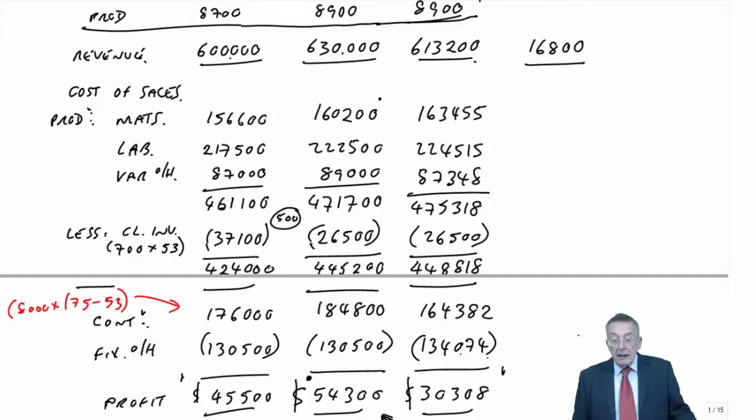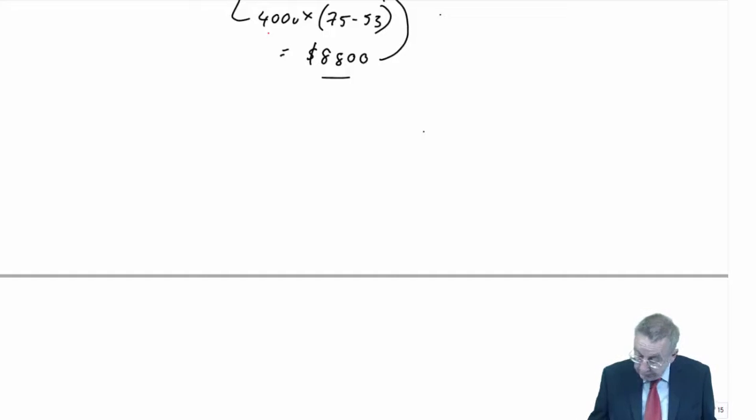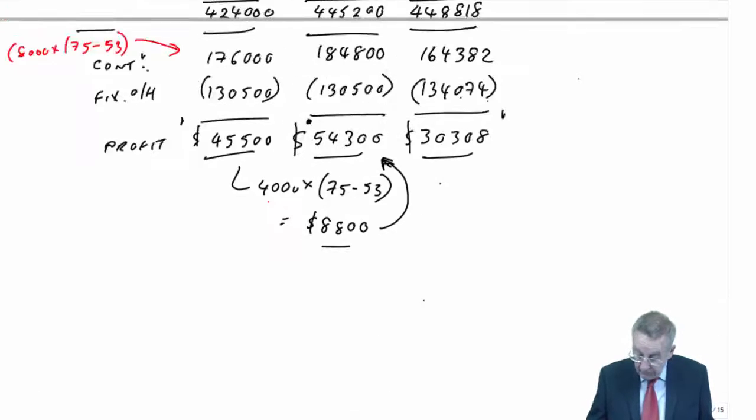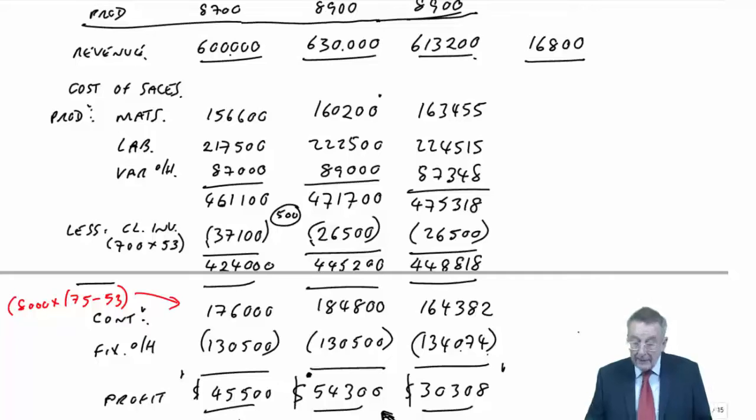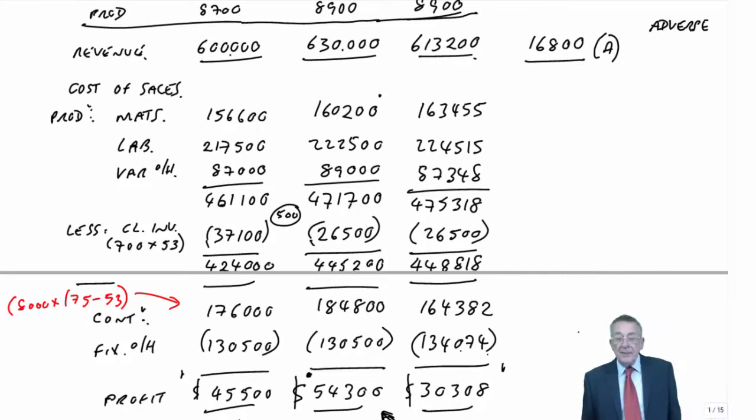Rather than do that, we write against it either F or A. We're down 16,800. Less revenue would give less profit. We write against it A for adverse. If it's going to result in less profit, it's adverse. So that's one reason we made less profit.